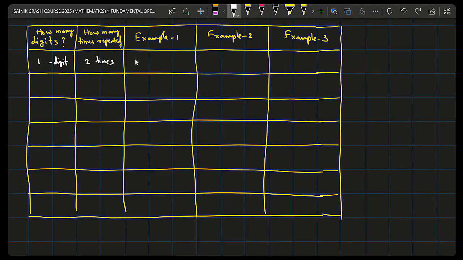For example, I have 3. Three has how many digits? One digit. I want to multiply it by a certain number so that I repeat 3 two times, like 33. With which number should we multiply? Rakshita, 3 multiplied by which number becomes 33?